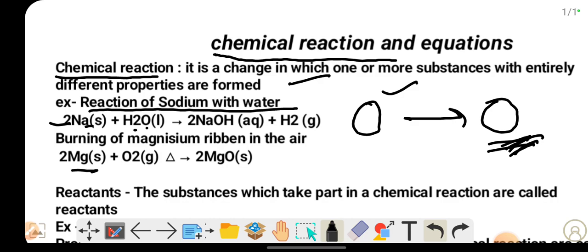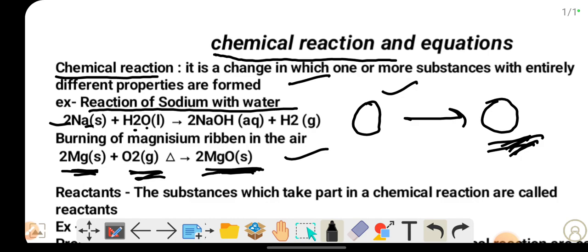Here magnesium is a metal and oxygen is in the form of gas. When oxygen reacts with magnesium, magnesium oxide, a type of compound, a powder, is formed. So this is also a chemical reaction. This is solid, this is gas, and this is a metal. These are two different types of substances, and this is one type of compound.